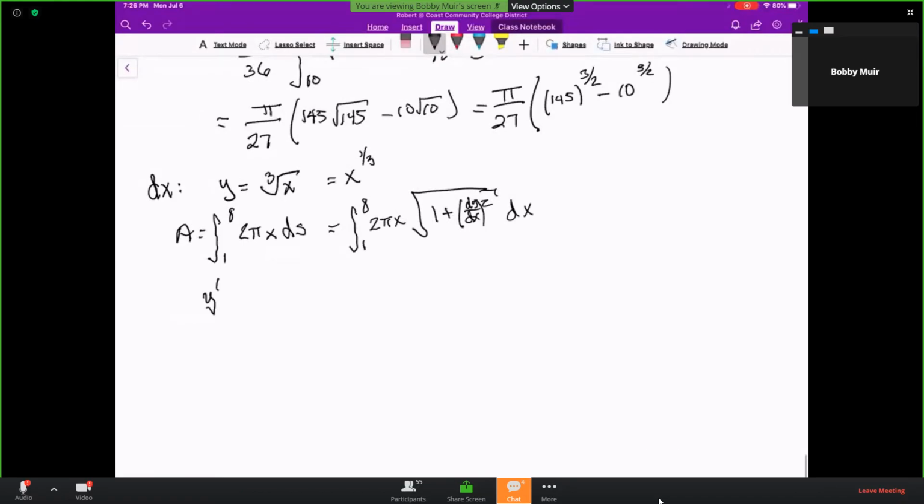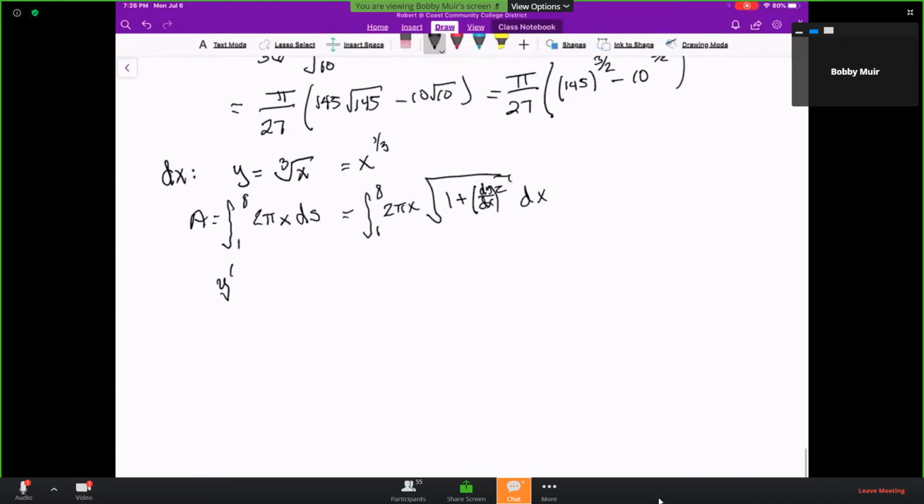Okay, so y prime is equal to 1/3 x to the negative 2/3. So 1 plus y prime squared is going to be 1 plus 1 over 9x to the 4/3 power.